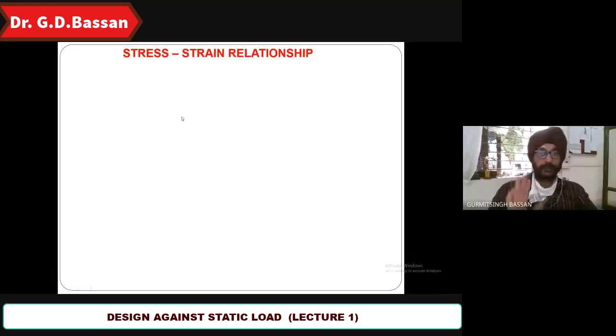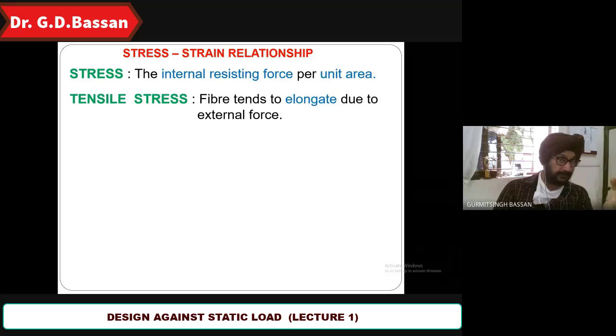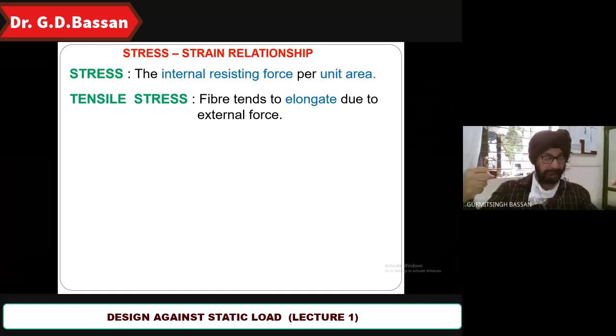Okay, stress and relationship. Now, what is stress? That is the internal resisting force per unit area. Everybody knows that. Now, there are generally three types of stresses: tensile, compressive, and shear. What is tensile stress? When you try to elongate the fiber due to the external force, that is called tensile stress.